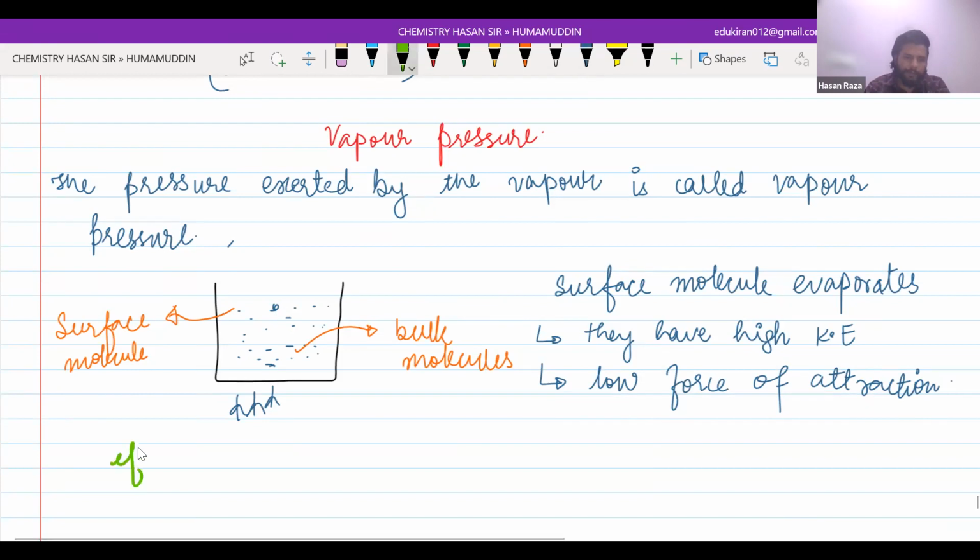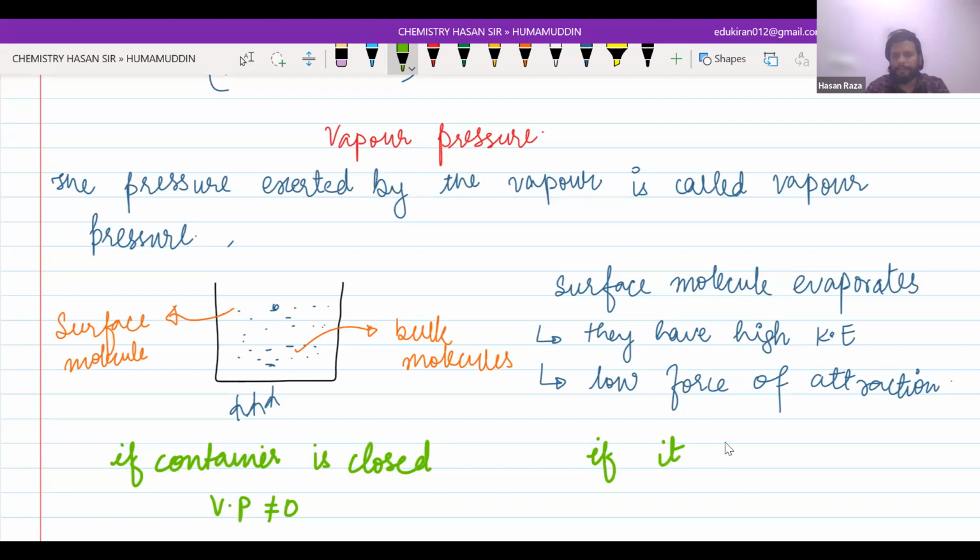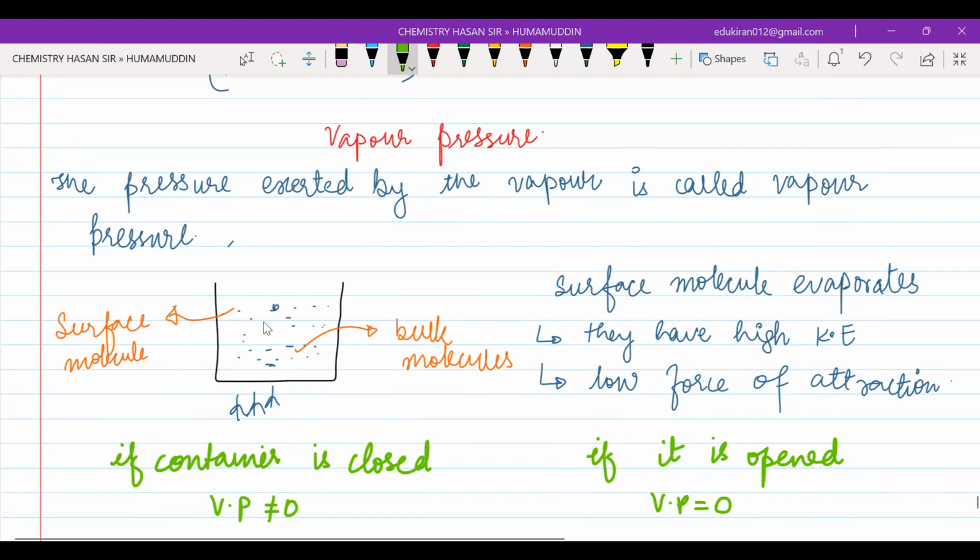If the container is closed, then there will be vapor pressure, that means it will create vapor pressure. And if it is open, then vapor pressure will be equal to 0. It will not create any vapor pressure. So please do write it and let me know.